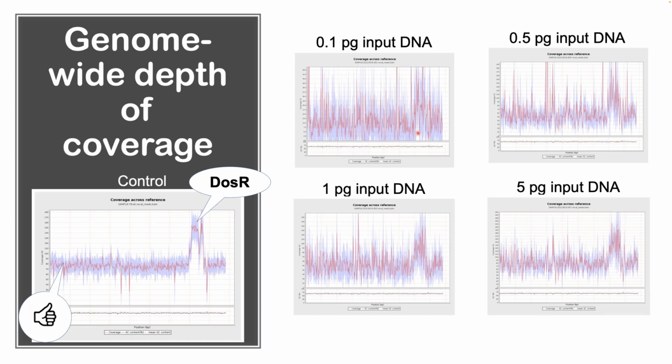And the variability decreased progressively with the higher input DNA amounts, suggesting improved sequencing robustness and consistency. So it's important to note that the MTB genome contains GC-rich and repetitive regions, and this already results in fluctuations in coverage when using a reference mapping approach, even in the control sample, as you can see here.